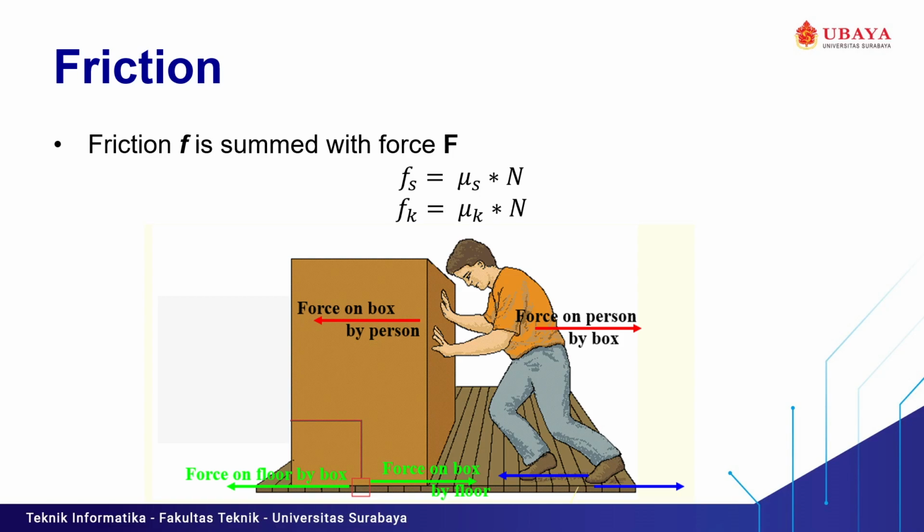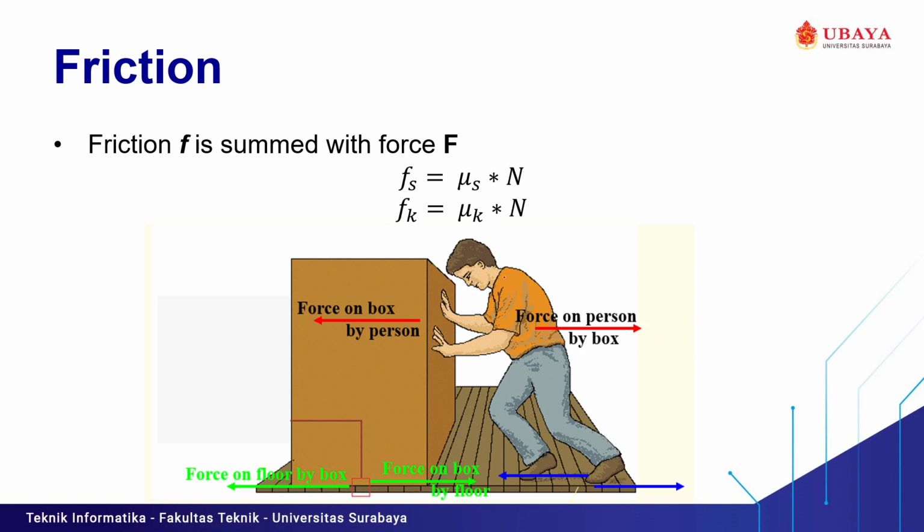I think it's a wooden floor. We can draw the forces in this system. For now, just ignore the formulas: what is Fs and what is Fk, mu s, mu k, as well as N. We will take a look at the system first.